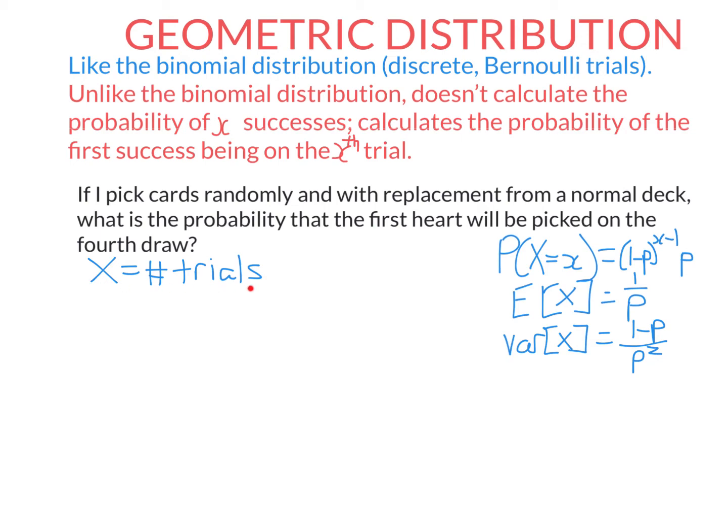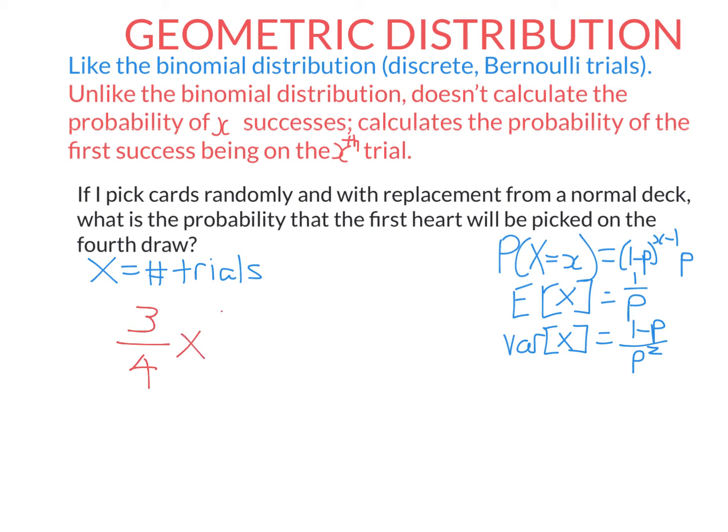So here, the random variable is the number of trials. This is the formula we're going to use to calculate the probability, and we've also got expected value and variance formulas. But let's just look at this intuitively. The probability the first heart is on the fourth draw. Well, that means that the first draw is not a heart. The probability you don't get a heart is 3/4.